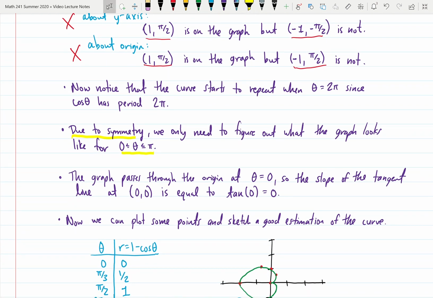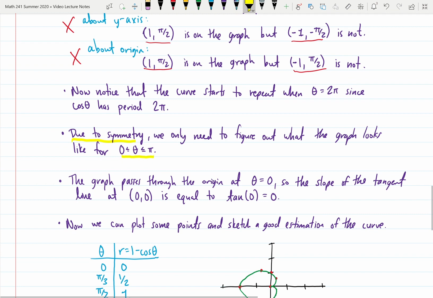We also want to note that the graph passes through the origin at theta is equal to 0. And as we established right below the theorem above, when the graph passes through the origin, the slope of the tangent line at that point is going to be equal to the tangent of that theta value.